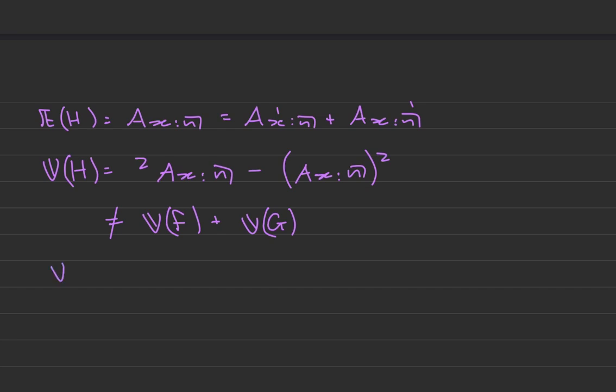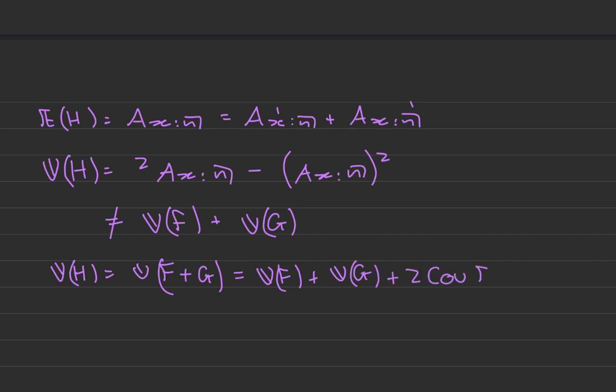So the variance of h must be equal to the variance of f plus g. Now the variance of f plus g would be equal to the variance of f plus the variance of g plus 2 times the covariance of f and g. And clearly, this covariance for the same person must be non-zero.